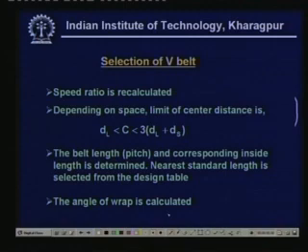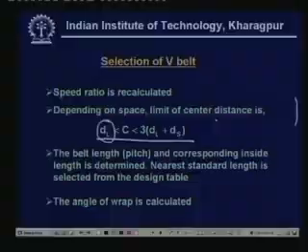As I told you, the limit of center distance, roughly as a guideline, can be given as the equation suggests: that center distance should be larger than the larger pulley diameter, and it should be within 3 times the sum of the large and the small pulley diameters. So this is one guideline. Within that one, you should try to find out the center distance.